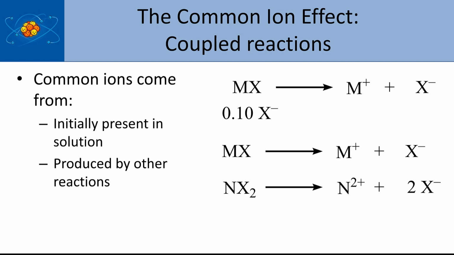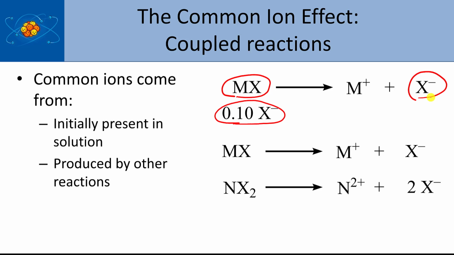So, for example, something we've already done in a lab: if you have 0.1 molar X in solution and you dissolve MX into the solution, then the common ion is X. And we'll talk more about the behaviors of that, but again, it's just the nomenclature. You have X from another source.